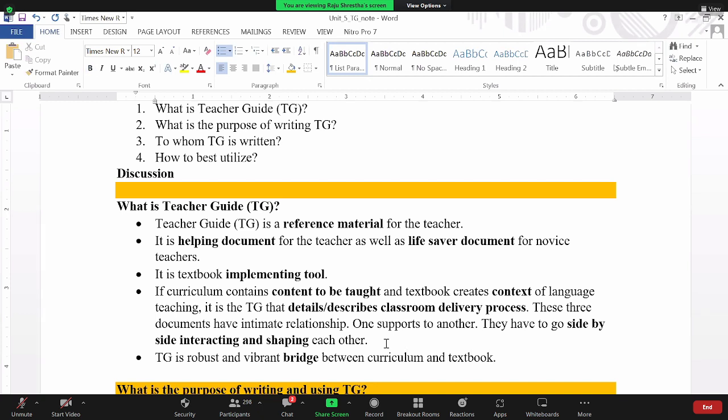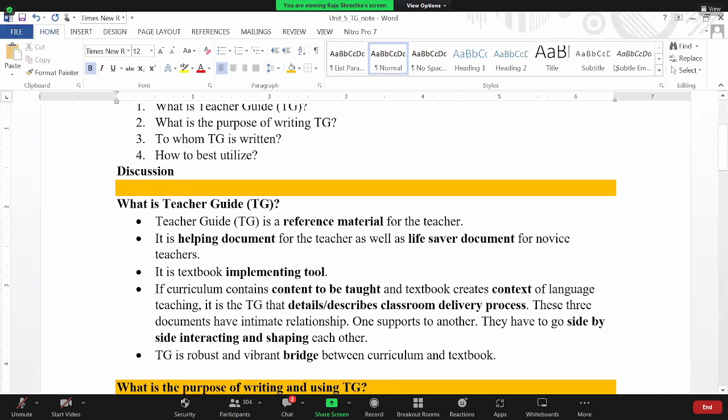If a teacher guide is written, it connects the curriculum and textbook, and it is an implementing tool by which students learn the objectives stated in the curriculum and utilize the context created in the textbook.